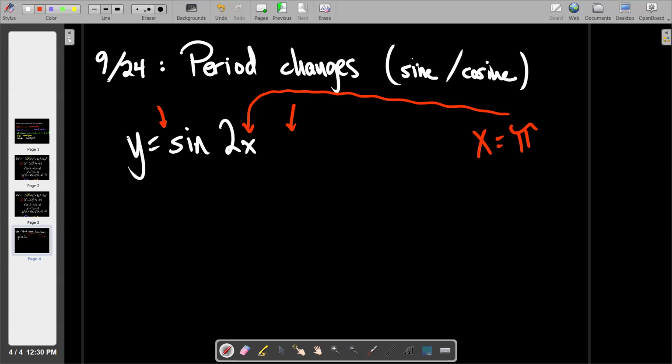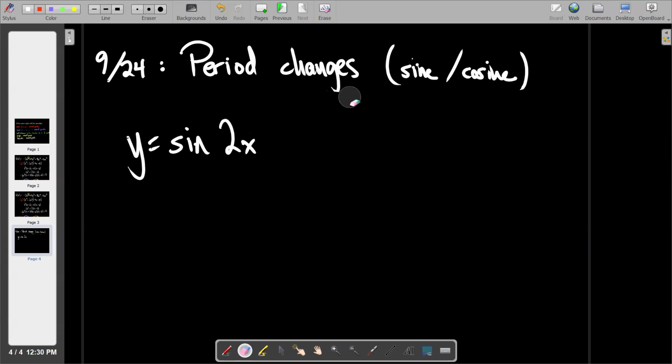The question becomes really for today, what is the new period? And the period is obtained very simply. And we're going to call this number, I'm sorry, but we're going to call him B. And the reason I want to do that is because eventually, starting in the next couple of days, I am going to put the big Y equals A sine of BX plus C plus D thing out there. And I just don't want you to be freaked out when it happens.